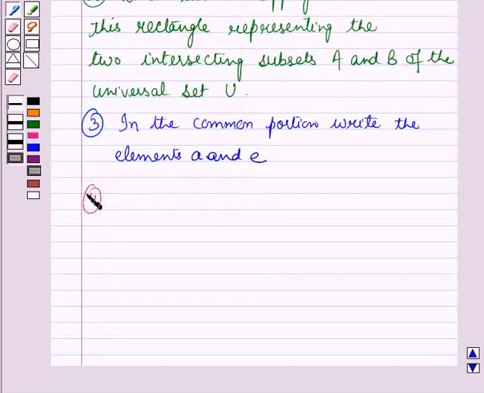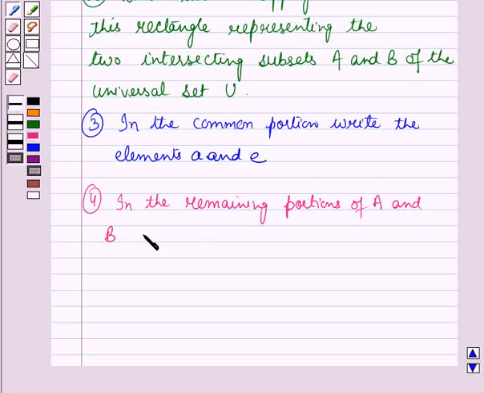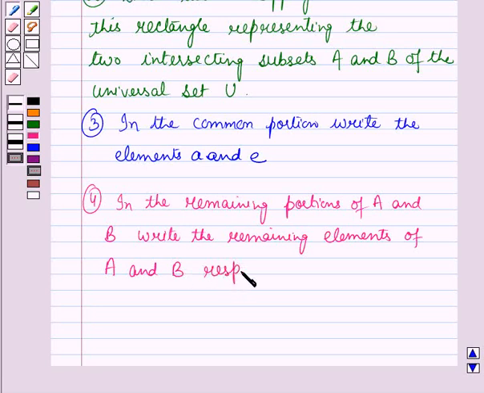Now in the next step, in the remaining portions of A and B, write the remaining elements of A and B respectively.